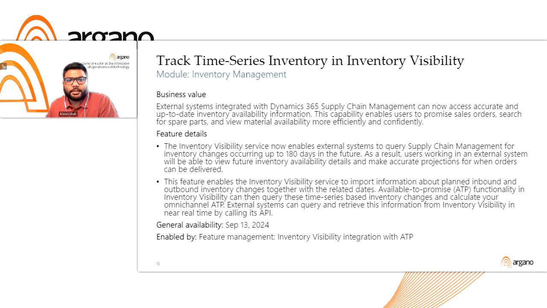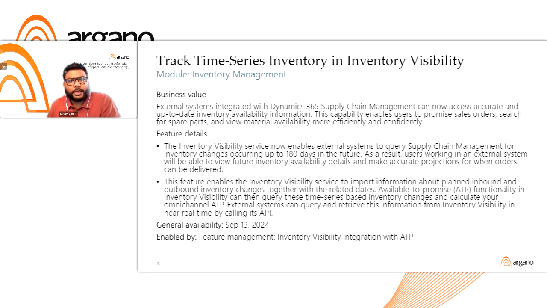Available to promise functionality in inventory visibility can then query these time series based inventory changes and calculate your omnichannel ATP. External systems can query and retrieve this information from inventory visibility in near real time by calling its API.